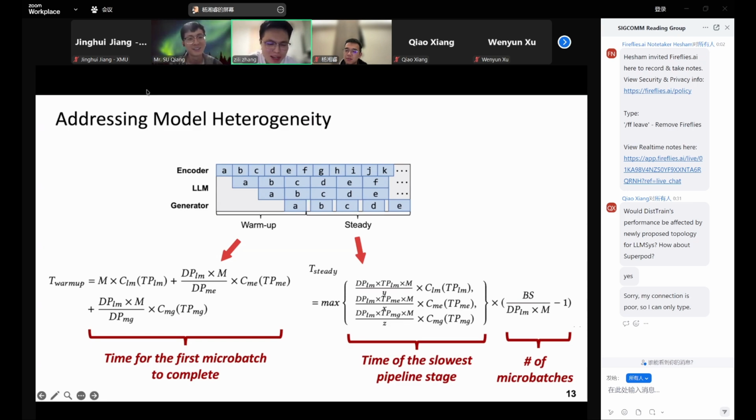I think the abstraction may be similar, but the actual implementation may be different. In production, the encoder and generator may change over time, because the algorithm designers have different opinions.